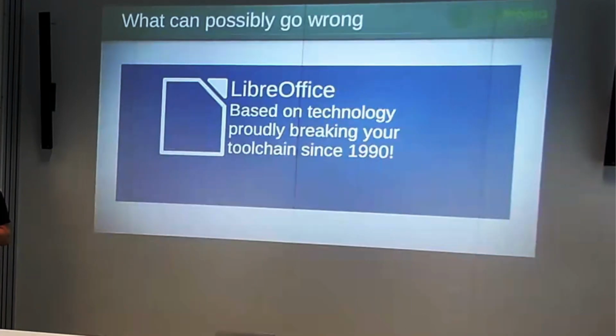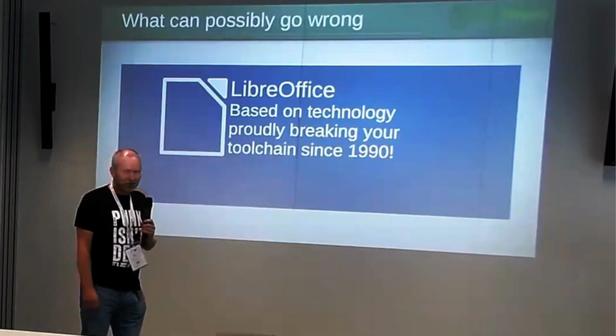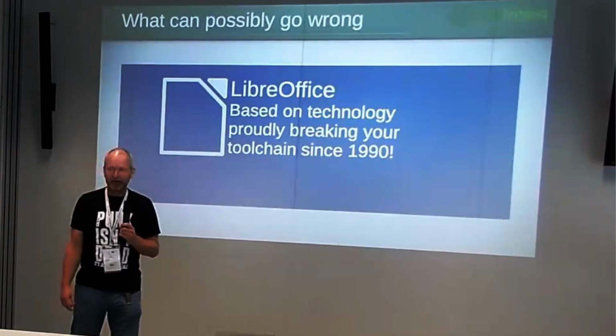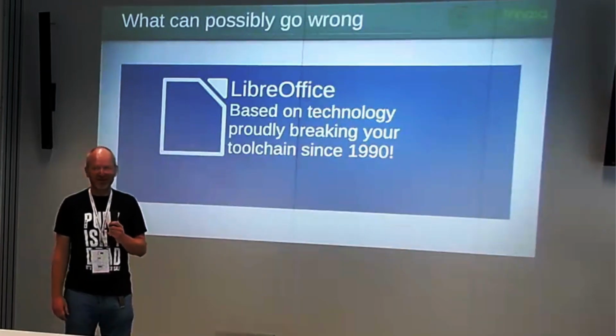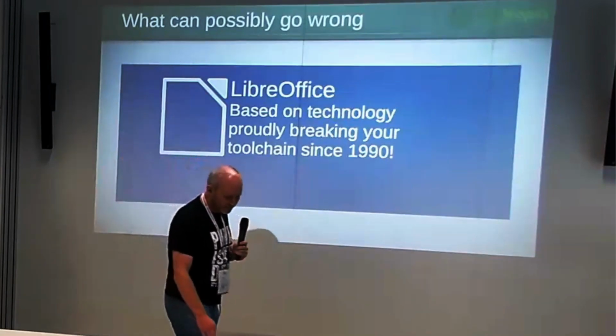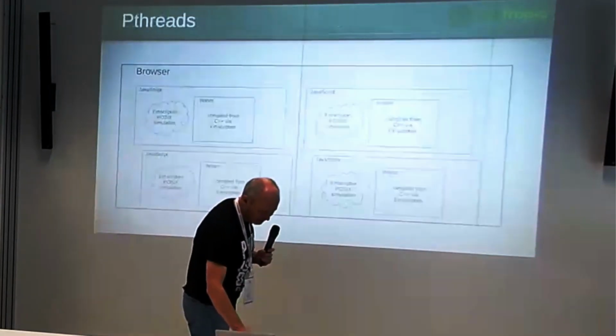We have gathered all kinds of crazy hacks and workarounds over the 20, 30, 40 years that we have been running by now, 30 years plus. So what can possibly happen if you bump this crazy big thing of LibreOffice into this small browser world and give it a splash? Lots of things can happen.